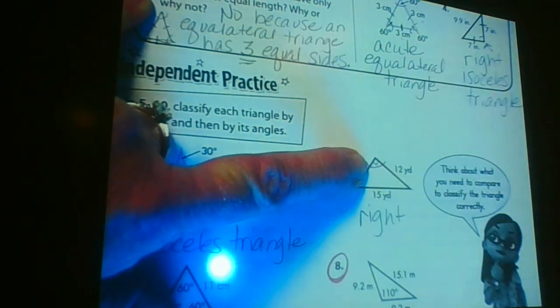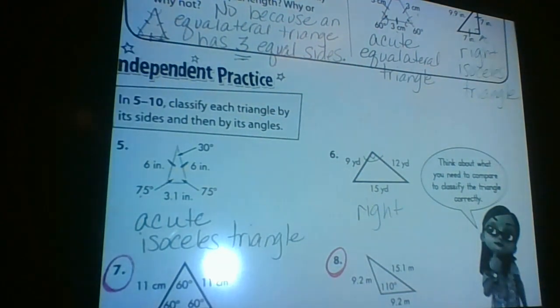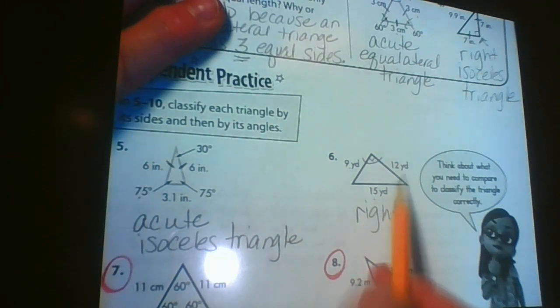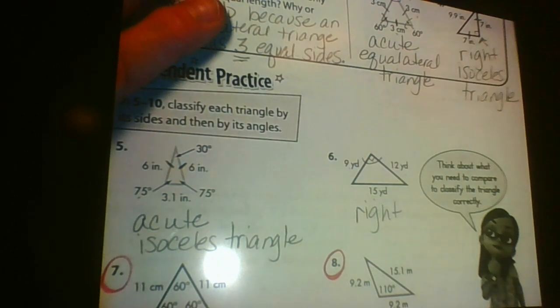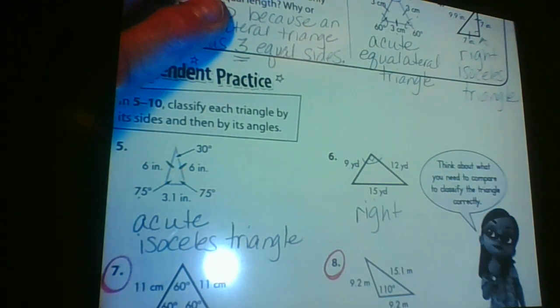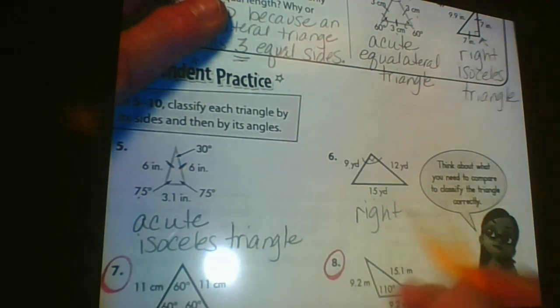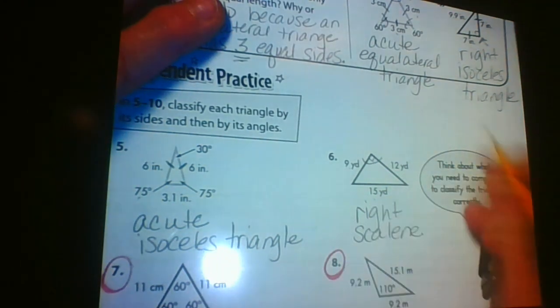Then, step 2, look at the sides. 9 yards, 15 yards, 12 yards. Do I have any sides that are equal? Nope. So I look at my notes and I see that a scalene triangle has no sides or angles that are congruent. So this is a right scalene triangle.